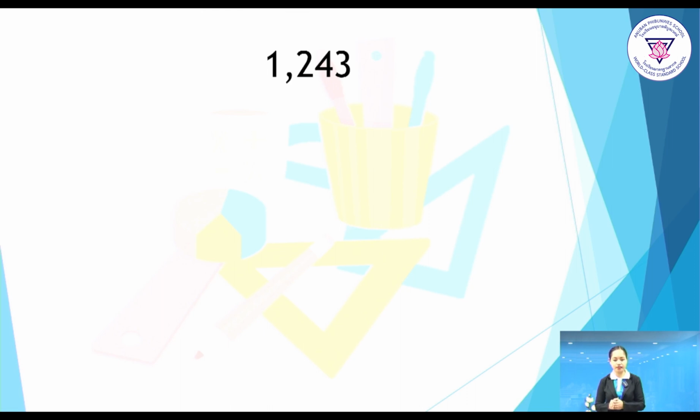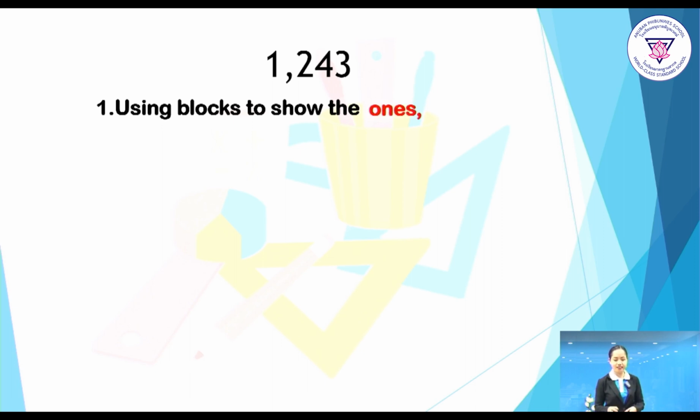Step number 1: you are going to read and write the numbers using the blocks. How to do it? We start with ones, and then tens, and then hundreds, and the last one is thousands.